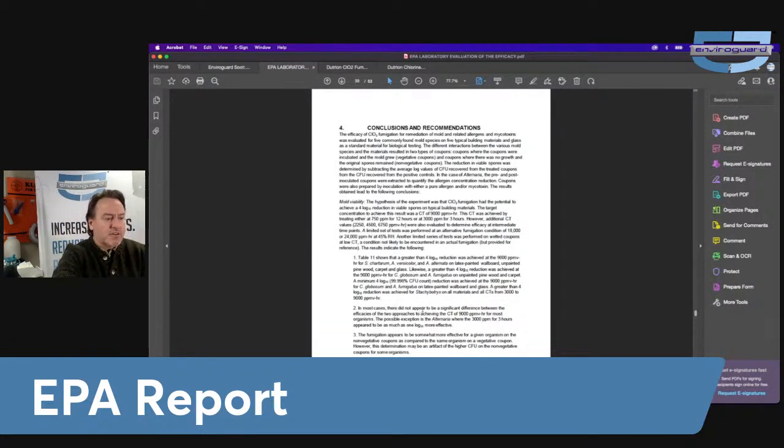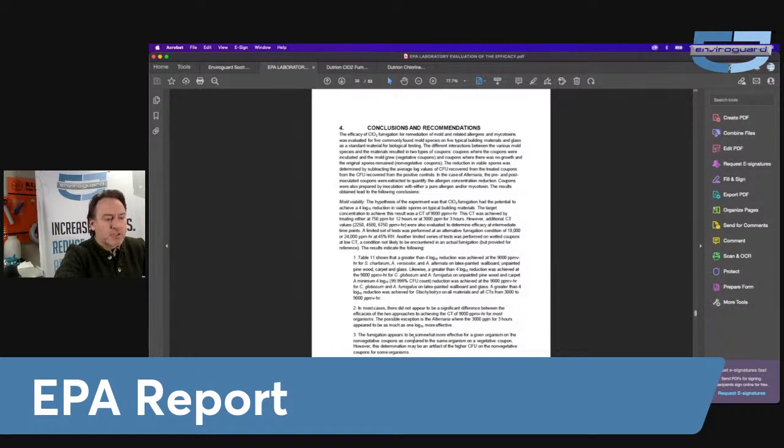In most cases, there did not appear to be a significant difference between efficacies of the 2 approaches to achieving the, I forget what CT stands for. It's not the colonies, but of 9,000 parts per million for most organisms. The possible exception is the Alternaria, where the 3,000 part per million for 3 hours appeared to be as much as 1 log more effective.